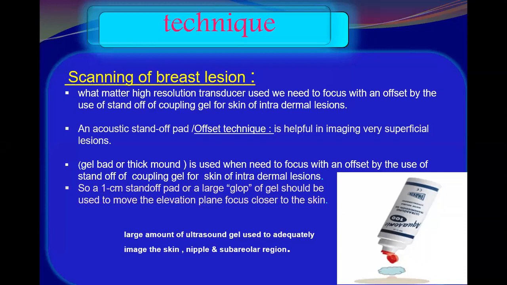This is the area where the elevation plane is working. For the low frequency transducer, usually the narrow zone is much deeper. That is why we see the posterior lesion better than with the superficial, high resolution or high frequency transducer.